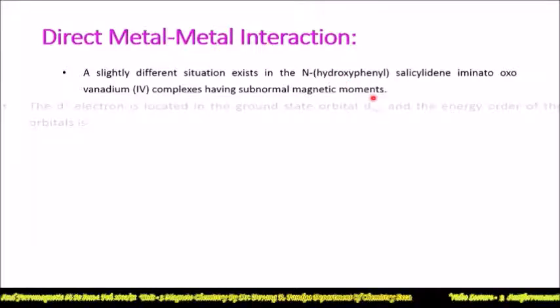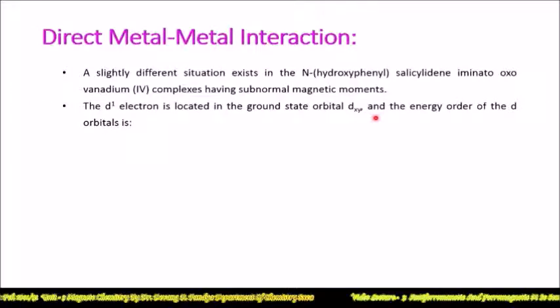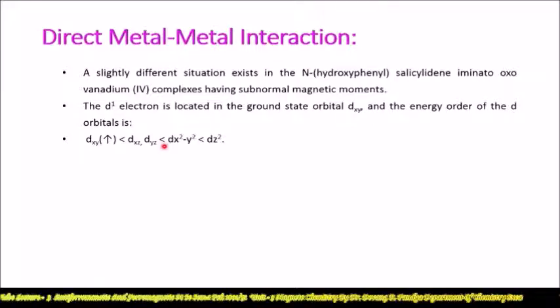The d1 electron is located in the ground state orbital dxy, and the energy order of the d orbitals in this complex is represented as: dxy, with one unpaired electron, is lowest in energy, then dxz, equivalent to dyz, which is lower than dx²-y², which is lower than dz². So the unpaired electron would be in the lowest energy orbital, that is dxy.